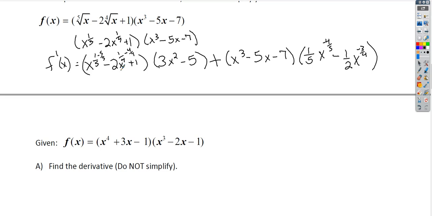And it said do not simplify, because that would be very messy to try and multiply all that and then add it all together.